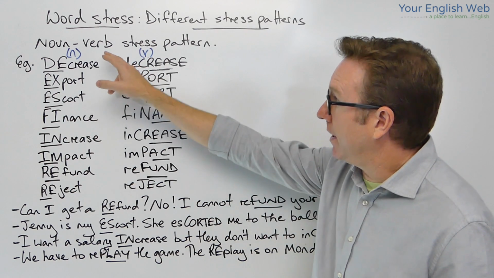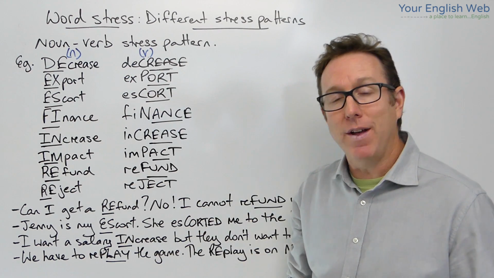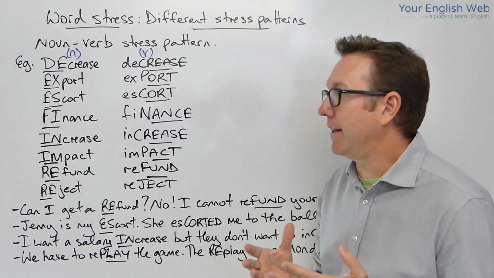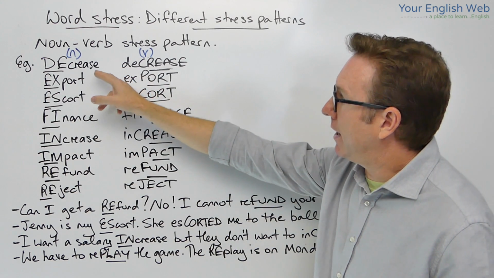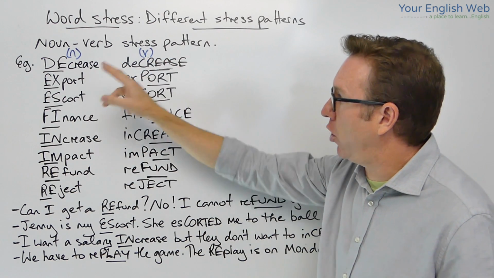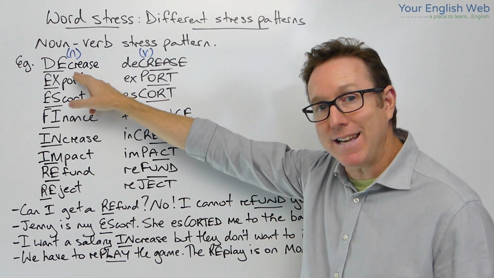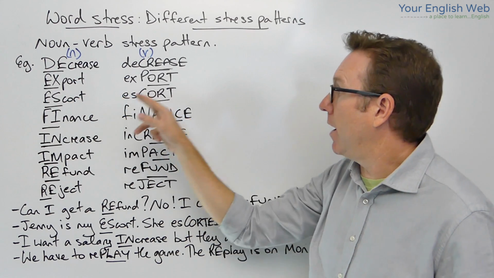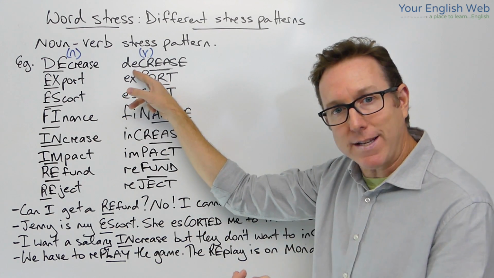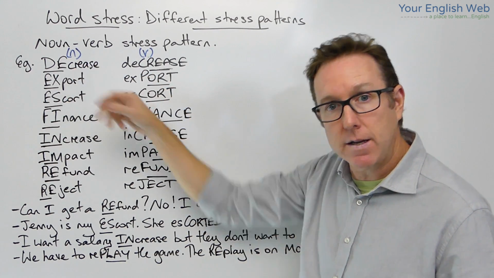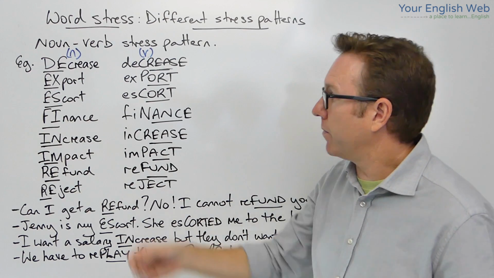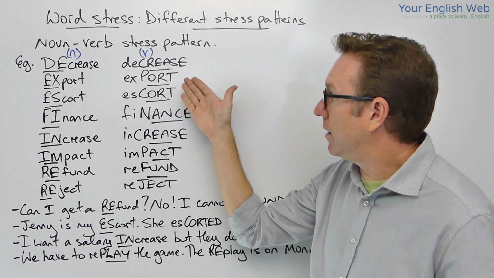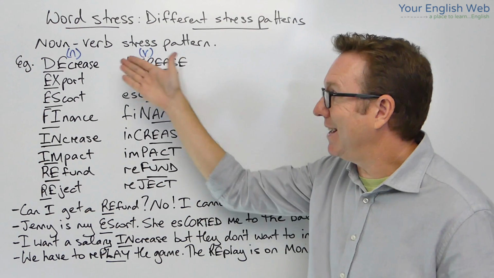So, as I said, noun-verb stress pattern. Now, the examples that we have here, let's have a look. We have the noun and the verb. So, for example, decrease, the noun, and the verb decrease. Export, export.